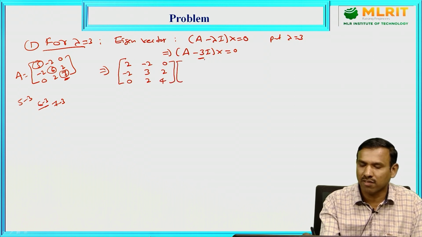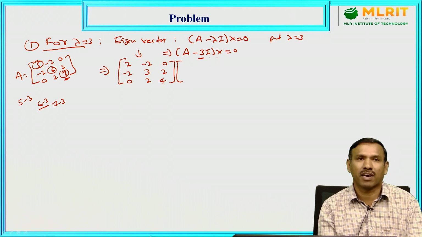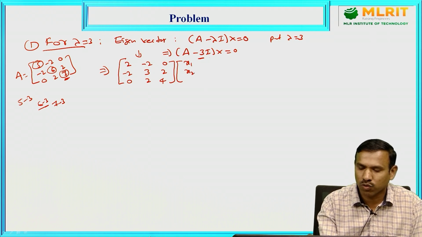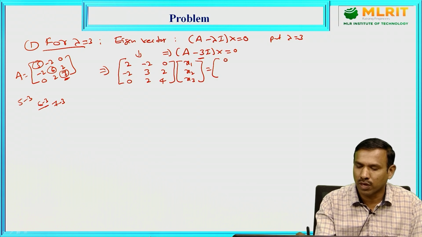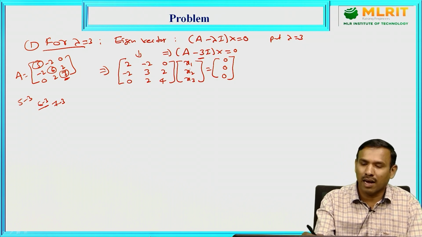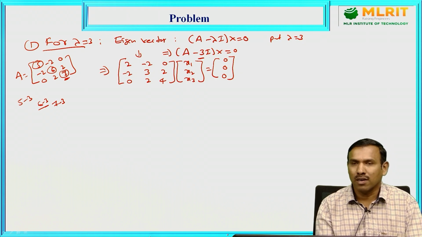This is the A minus 3I matrix, into x. We call x the eigenvector, x1, x2, x3, which is equal to 0, 0, 0. Since it is a 3 by 3 matrix, we need 3 unknowns x1, x2, x3 that we need to find. 0, 0, 0 is a column vector.